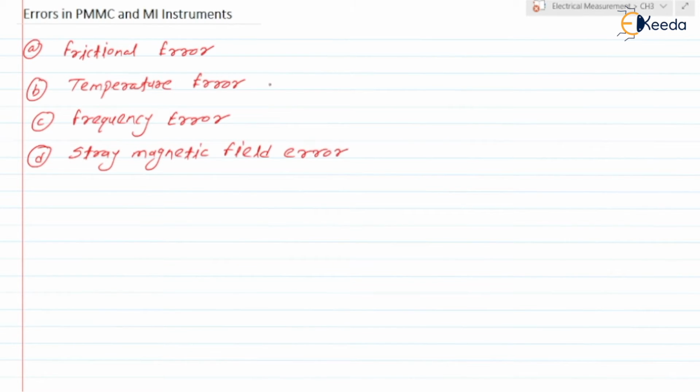So these are the four errors that occur in the PMMC and the MI instruments. Now we are going to discuss these errors one by one in detail. First, frictional error.